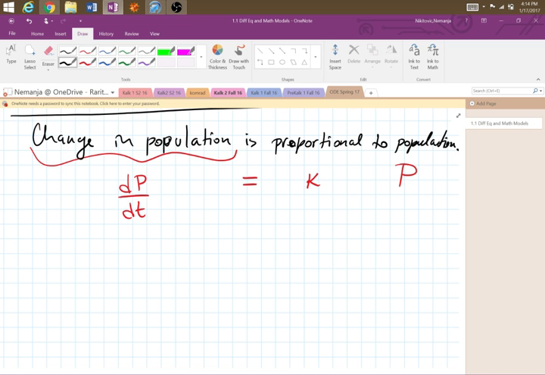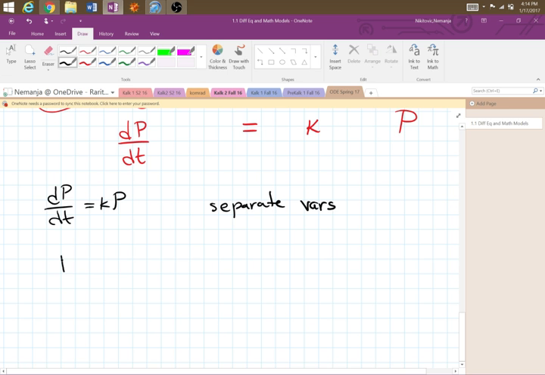So now we have the differential equation that has dp over dt is equal to kp. Again, separate variables. And we're going to get dp over p is equal to k dt. And we hit it with the integral on both sides. What is the integral on the left?